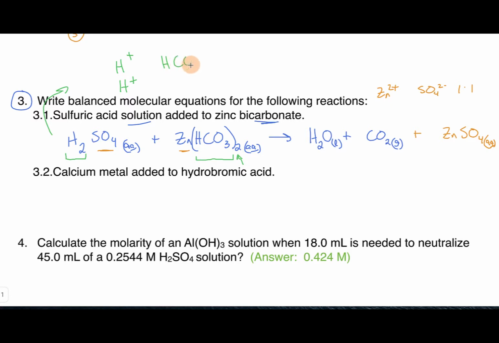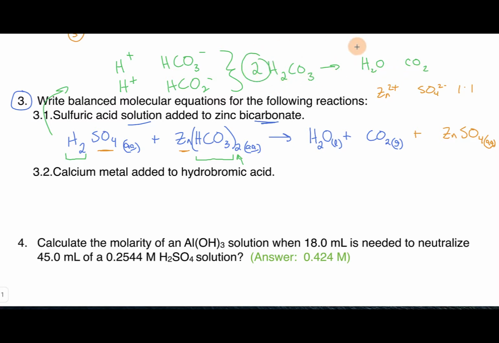Notice what happens when I bring these together. Each one of these is going to form a carbonic acid molecule. Now, carbonic acid is basically unstable in solution, and it falls apart to form water and CO2. For every 1 molecule of carbonic acid, we get 1 of each.